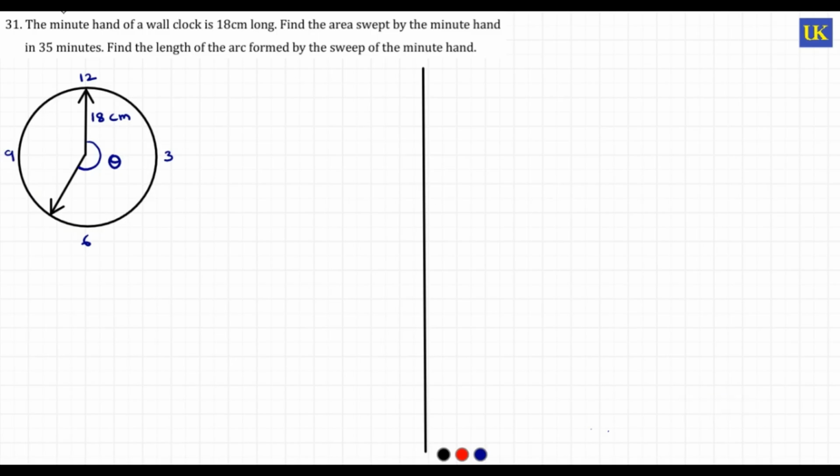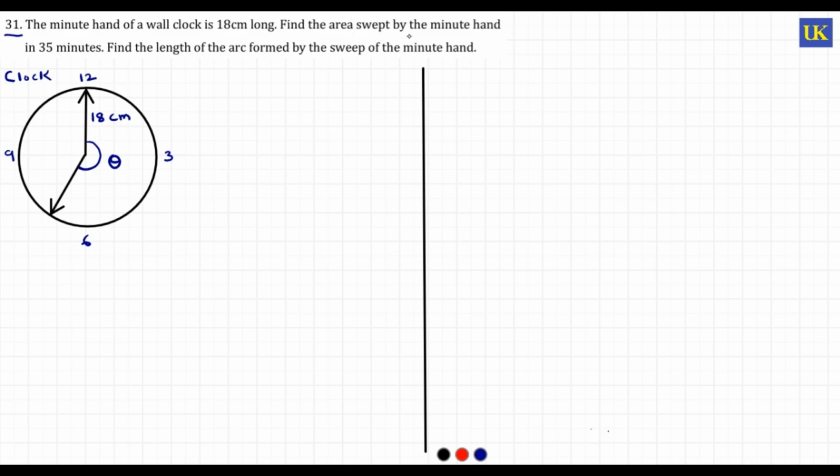So now we will see question number 31, in which they say the minute hand of a wall clock. So this is a clock, and the minute hand is 18 centimeter long.